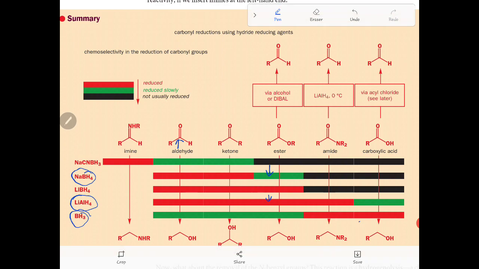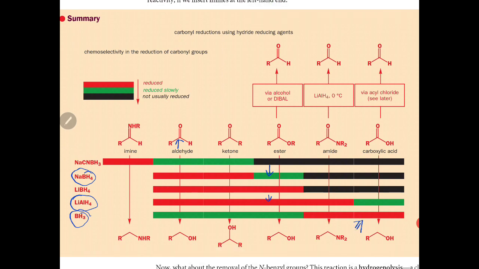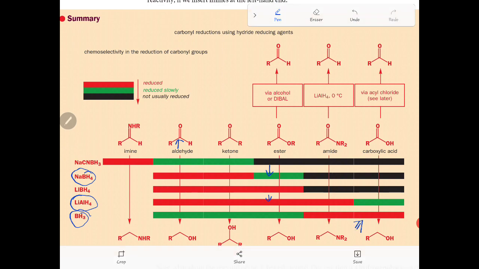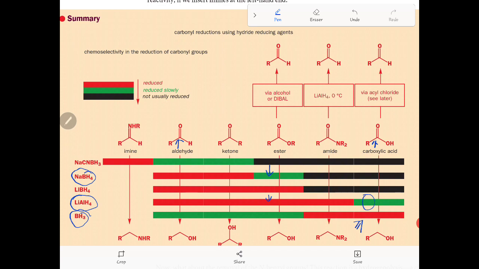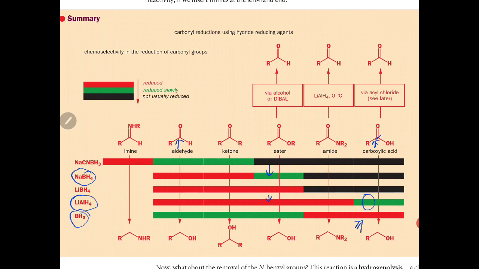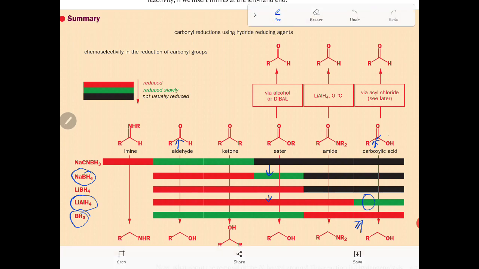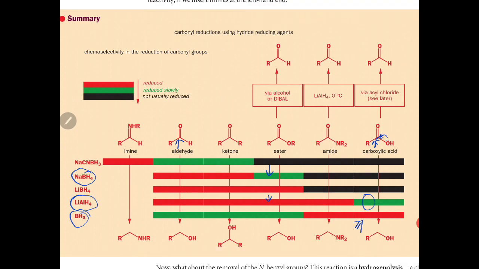So here things happen very fast, because if you take amide and carboxylic acid, their carbonyl group is electron rich. See here, in case of lithium aluminum hydride, carboxylic acid will not be reacted. Why is it not reacted? The carbonyl group of the carboxylic acid is not electrophilic. It's electron rich because this pair of electrons is involved.